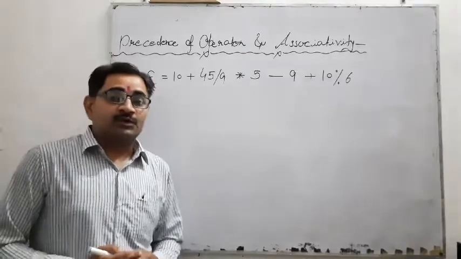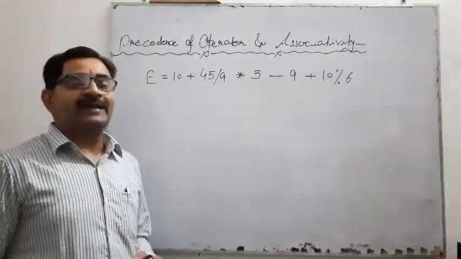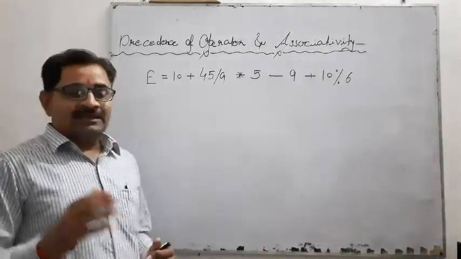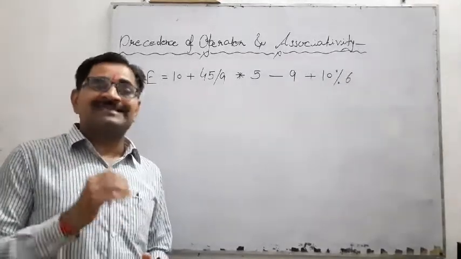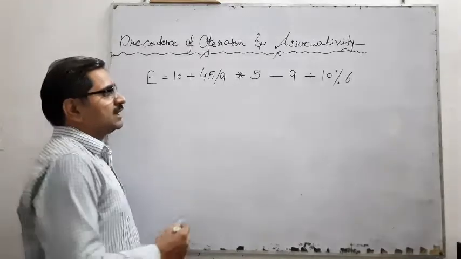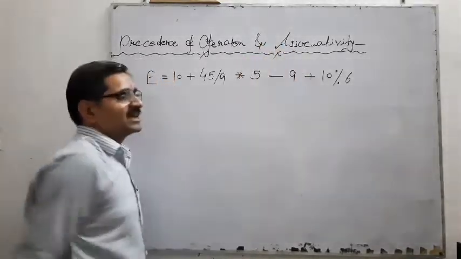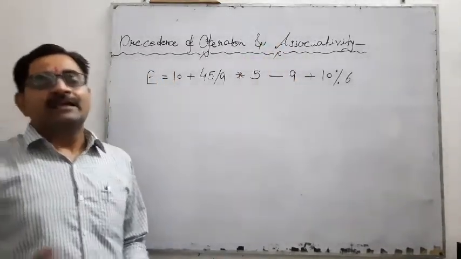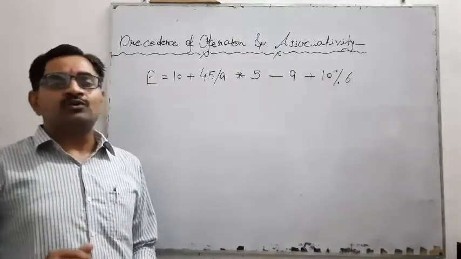Here you should know one thing. When you have operators of the same precedence, you have to follow the concept of associativity. Associativity means left to right or right to left.